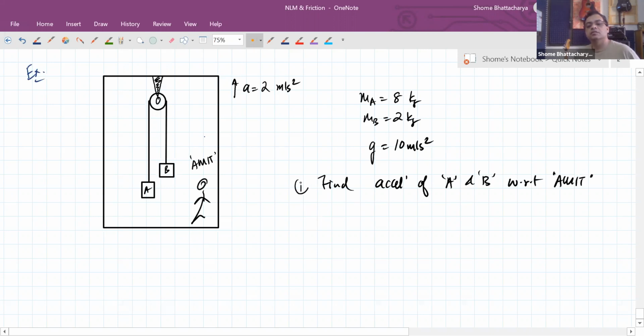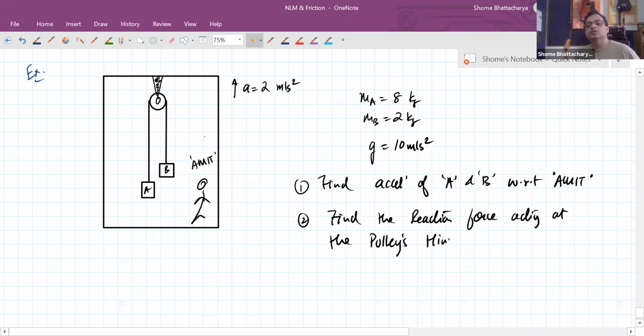and find the reaction force acting at the pulley's hinge. Okay, consider the pulley to be massless or of negligible mass compared to these weights. Okay.